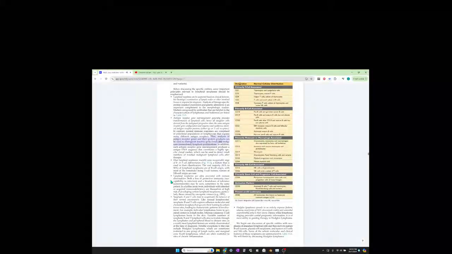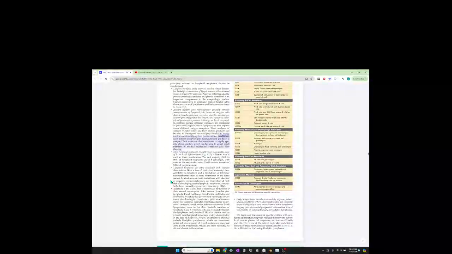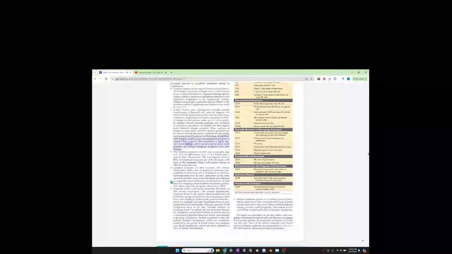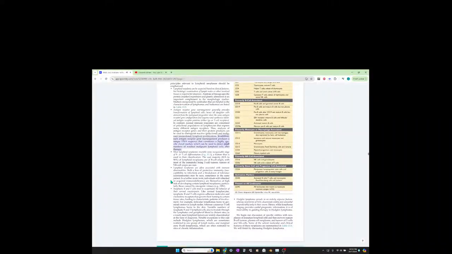Thus, analyses of antigen receptor genes and their protein products can be used to distinguish reactive and malignant lymphoid proliferations. In addition, each antigen receptor gene rearrangement produces a unique DNA sequence that constitutes a highly specific clonal marker, which can be used to detect small numbers of residual malignant lymphoid cells after therapy.